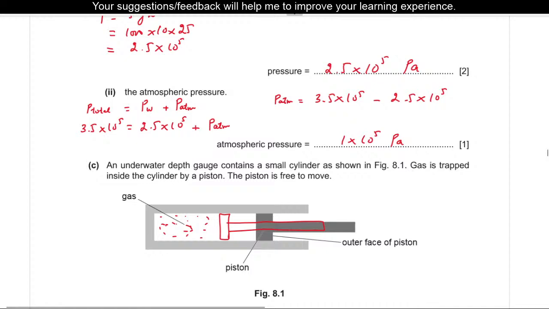When it is decreased, there are more molecules per unit volume. When there are more molecules per unit volume, molecules collide more frequently with the walls and with the inner face of the cylinder, and hence the pressure is increased. You have to tell that the pressure is increased in terms of molecules.